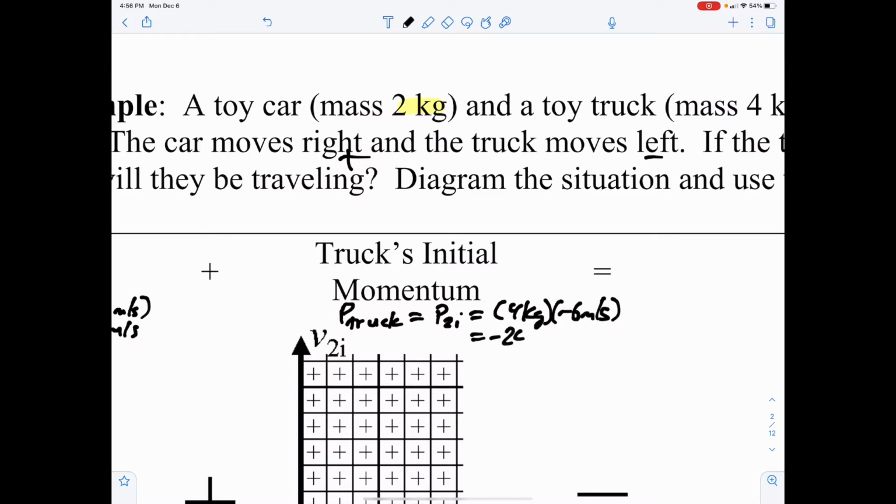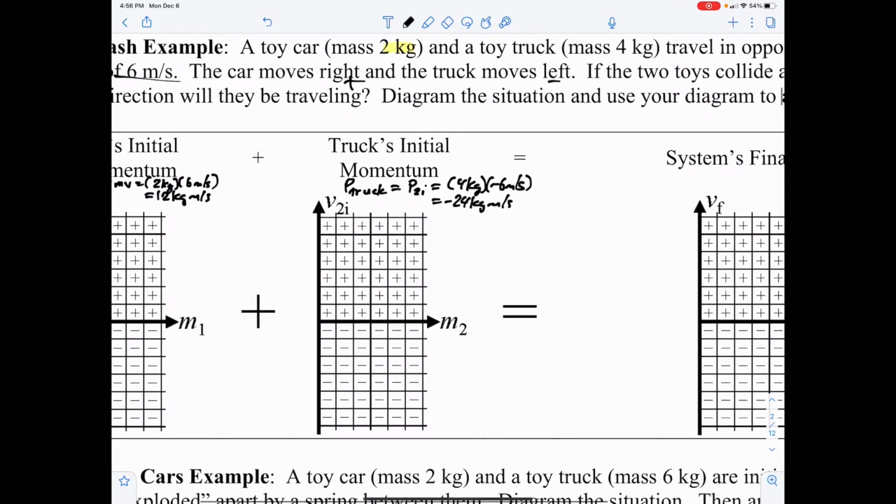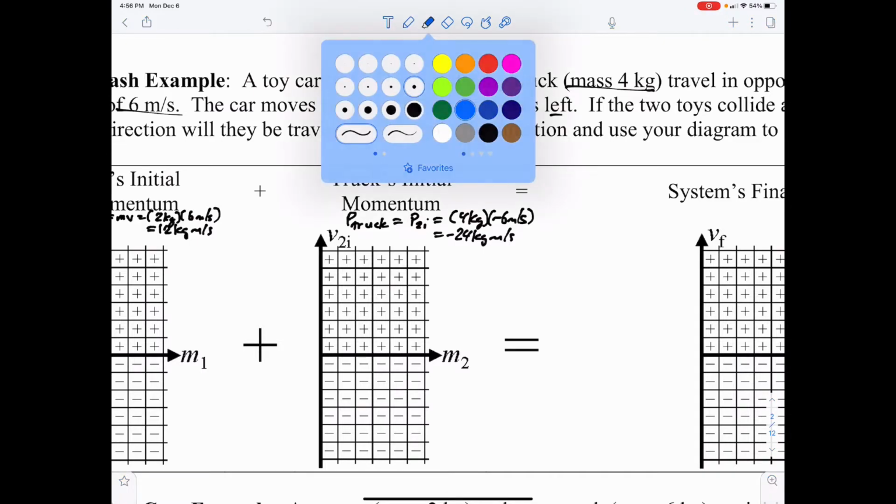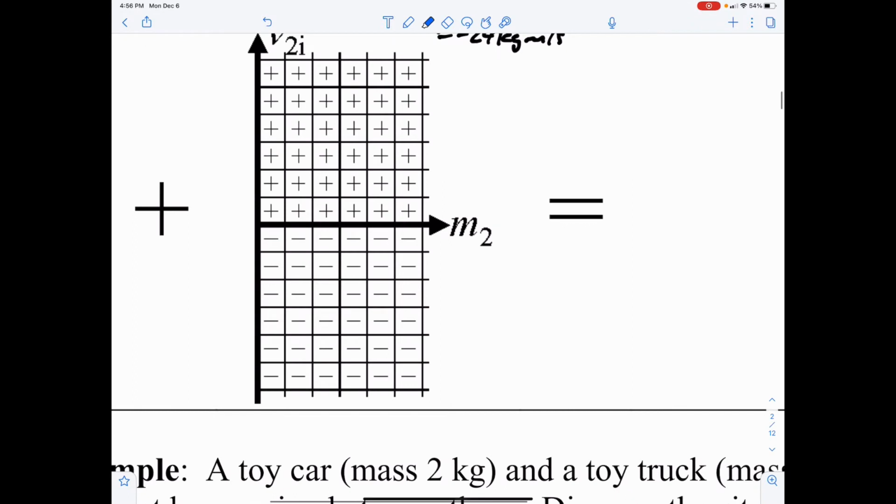That would be negative 24 kilogram meters per second. Keep in mind, it has a mass of 4 kilograms, so I'm going to be going over 4 and down 6 in terms of how I shade it. I'm going to use blue to shade the truck. So I'm going to go over 4 and down 6.